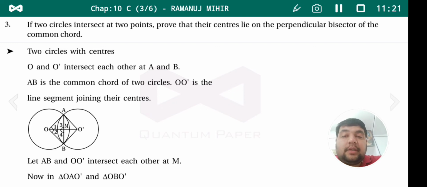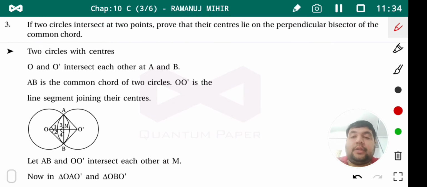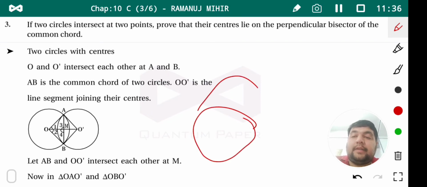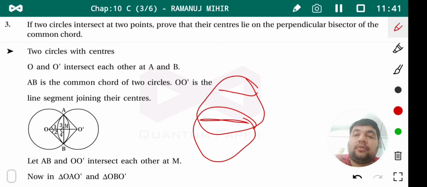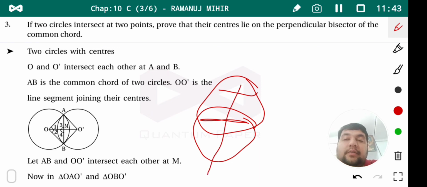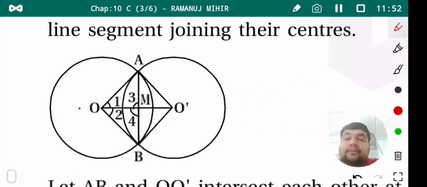If we have two circles that intersect at 2 points, the centers lie on the perpendicular bisector of the common chord. Suppose we are drawing two circles, one like that and the second like that, and this is the common chord. So when you draw the perpendicular bisector to the chord, both centers will be on that perpendicular bisector. You can see O and O dash in the figure.